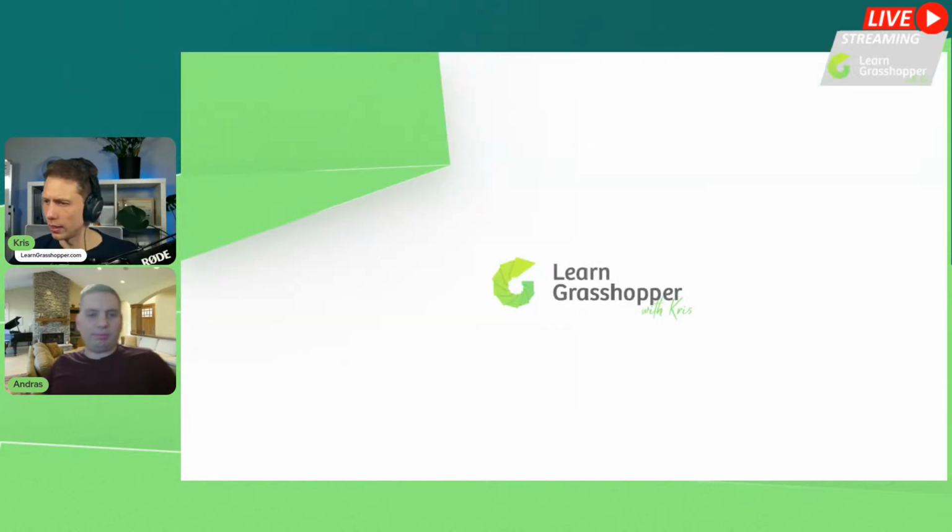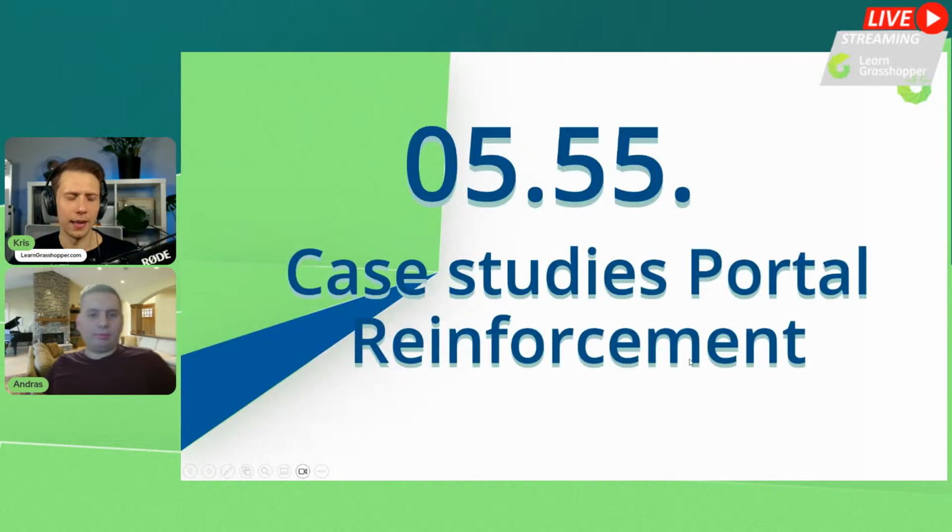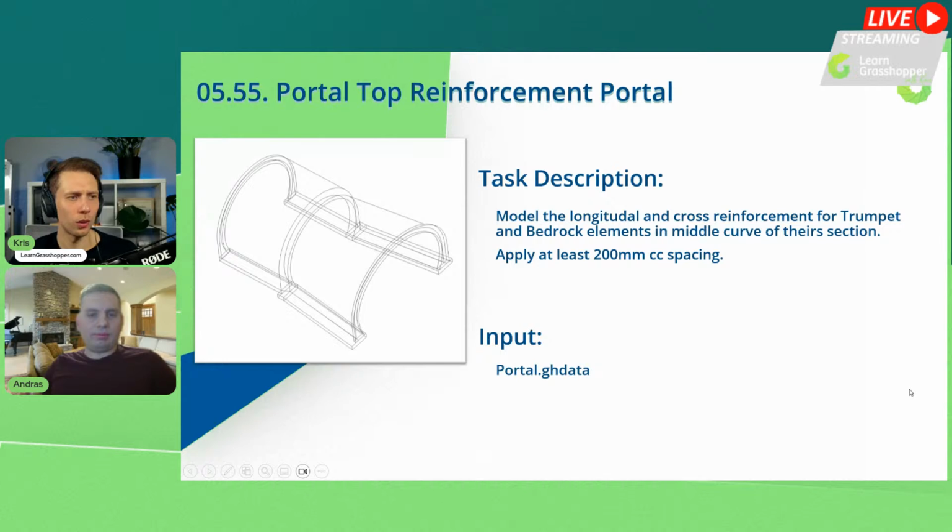And the second one: some of the students asked me to add more case studies for reinforcement, and I added one more. It's actually from a real project. It's portal reinforcement for tunnels.